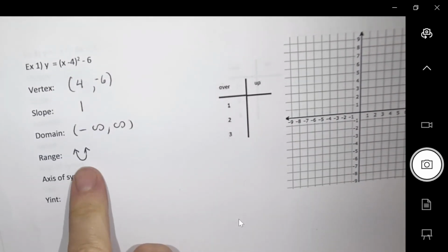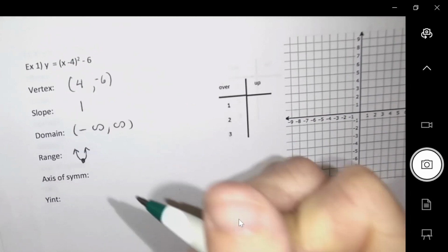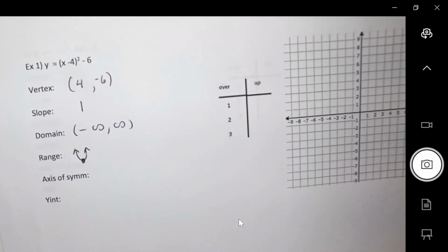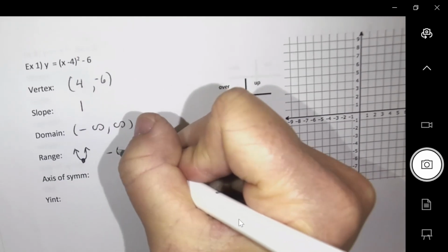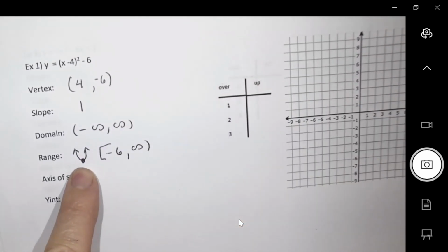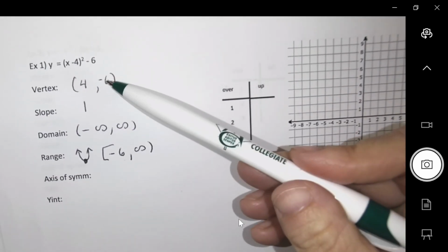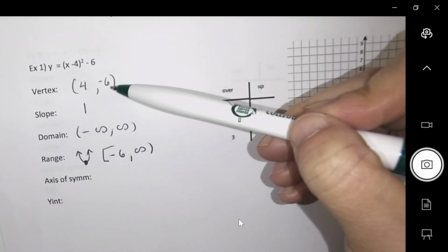So therefore, my range is going to start at some low number. What's the lowest height? Negative 6 to upward. Okay, and where was I looking for that negative 6? I was looking here because that's the Y part. That's the height part.